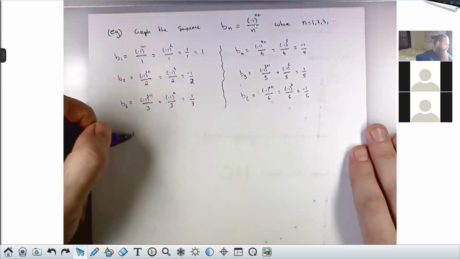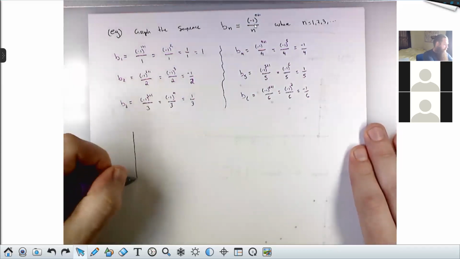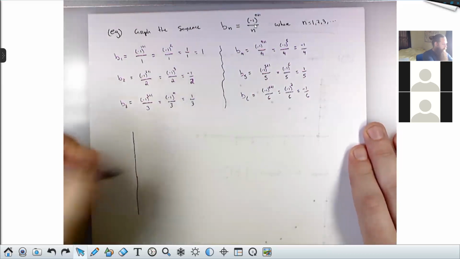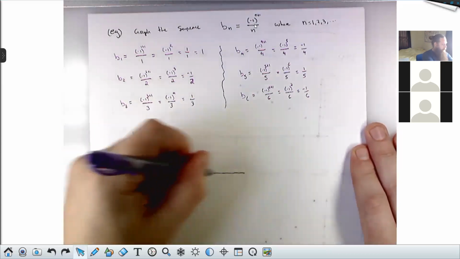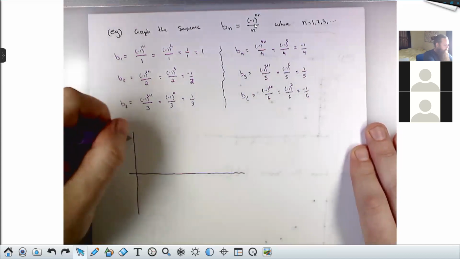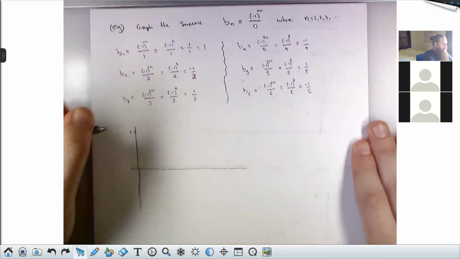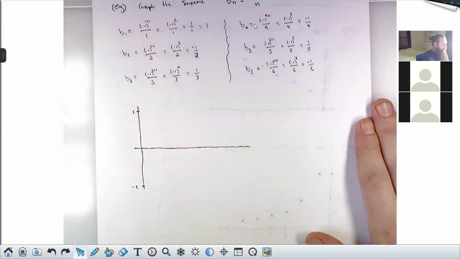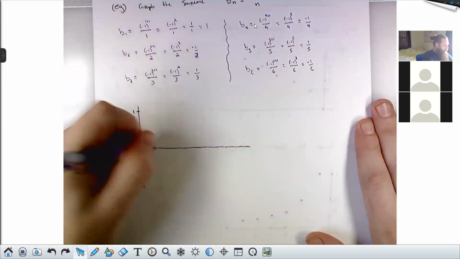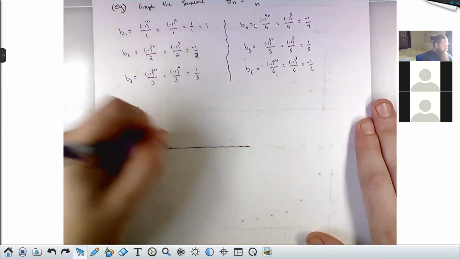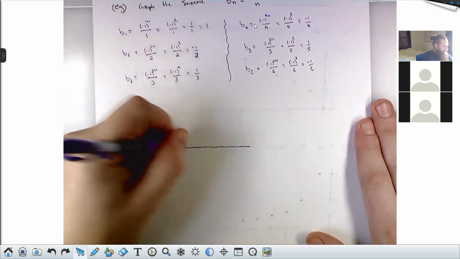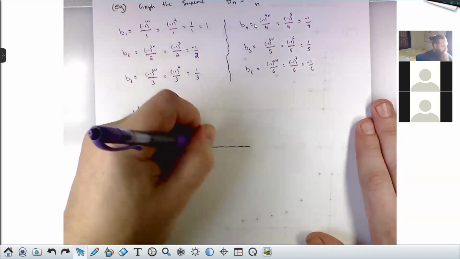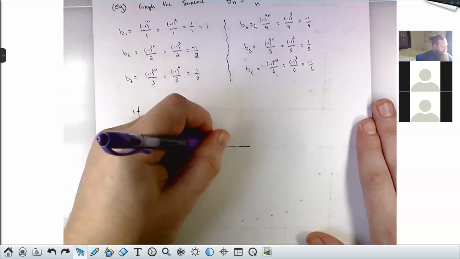And if I wanted to graph this sequence, I need to allow for both positive and negative y values. I'll mark this up here as +1, this down here as -1. And then I'll chop up my horizontal axis 1, 2, 3, 4, 5, 6.